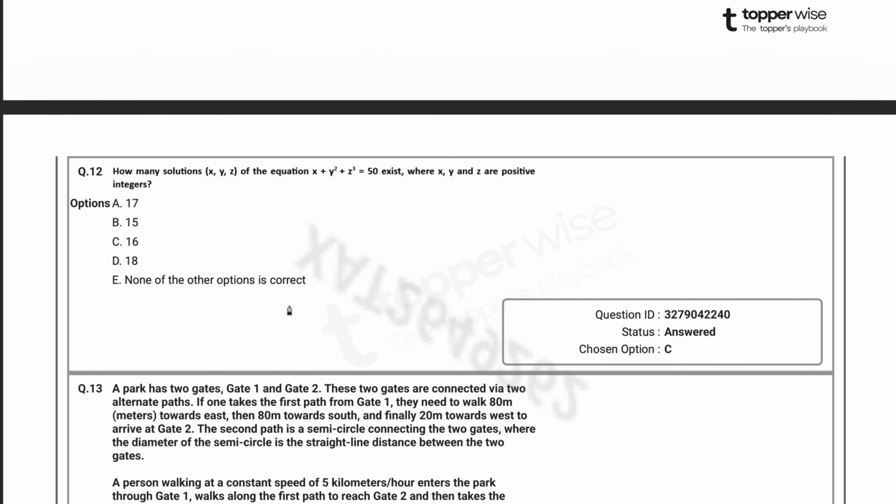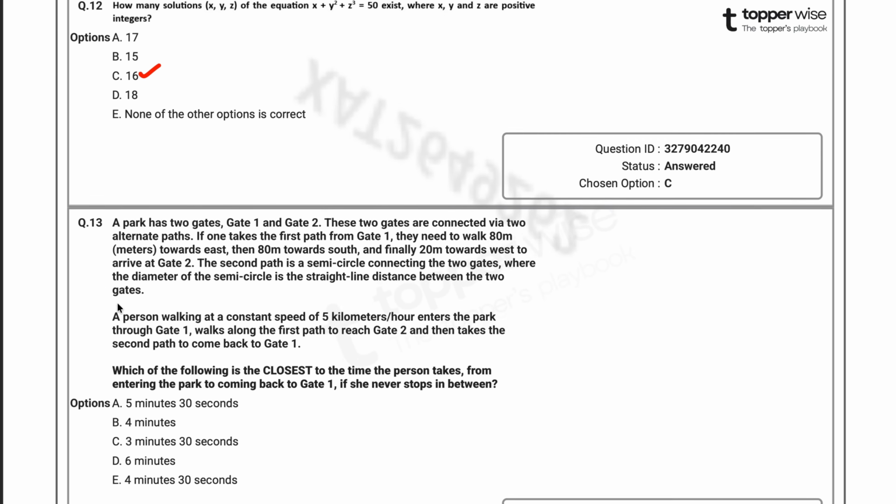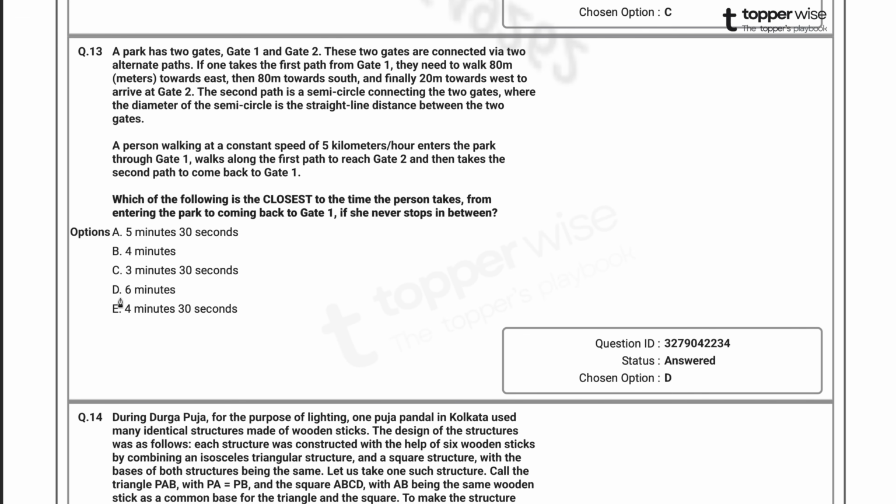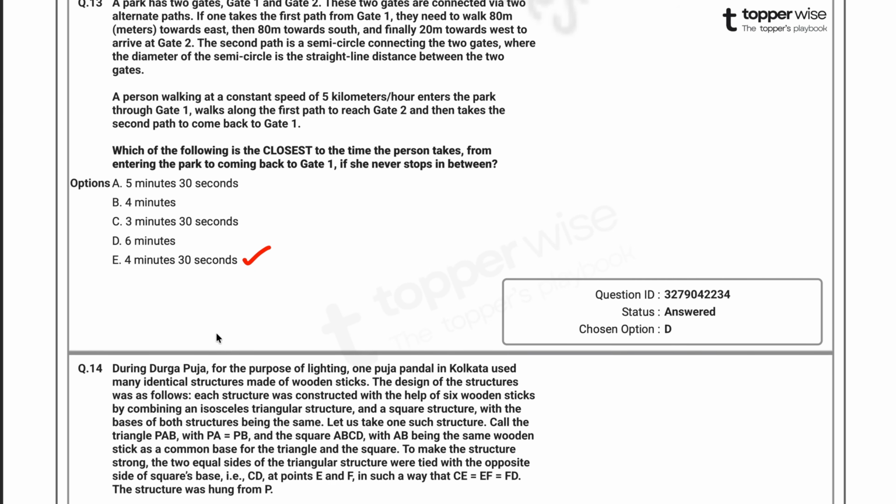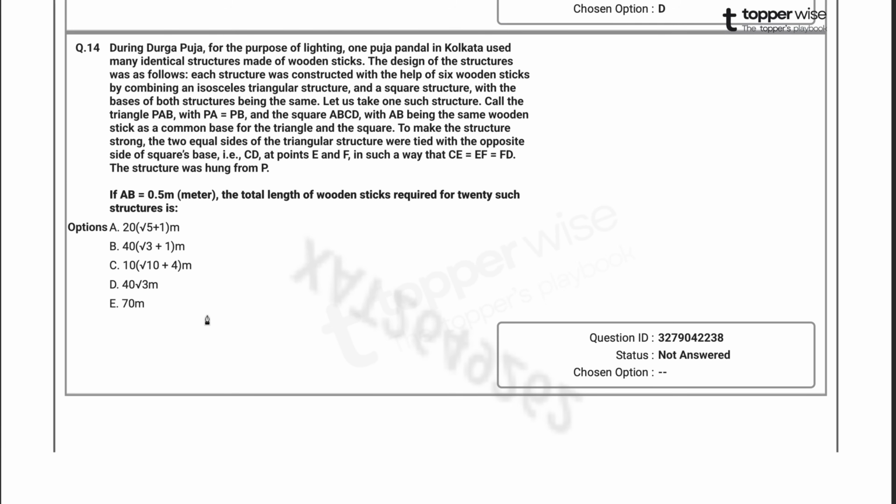For 12th question, the answer will be C here, 16. For 13th question, the answer will be D here, 4 minutes 30 seconds. The question is 14. The answer for this will be B, 40 root 3 plus 1 meter.